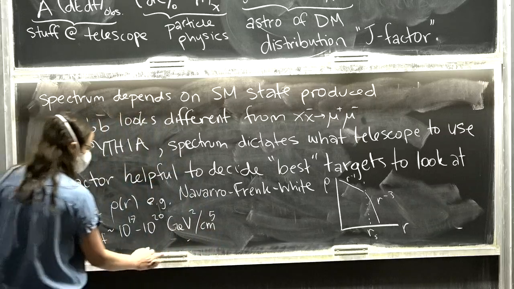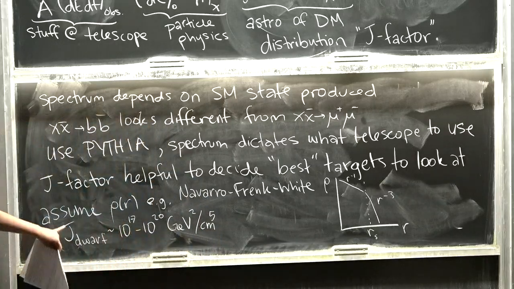And there's a pretty big range here depending on which dwarf galaxy you're talking about. Again, it's really determined by a combination of both the density, so a denser thing is going to be better, but also you win by being closer as well, right?